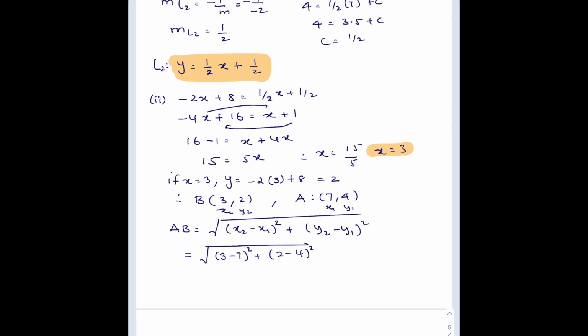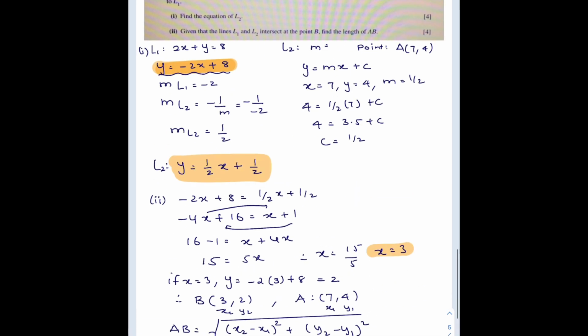So that's (-4) squared, 16, plus (-2) squared, 4, square root of 20. Approximately 4.472, approximately 4.472 to 3 significant figures.